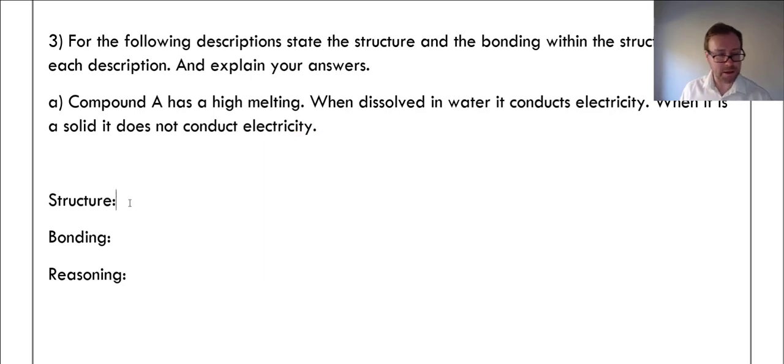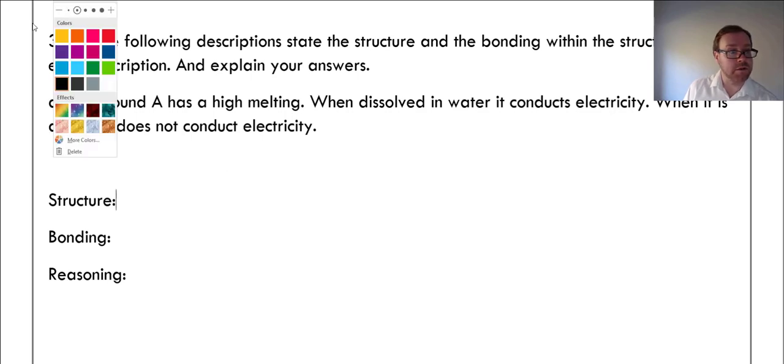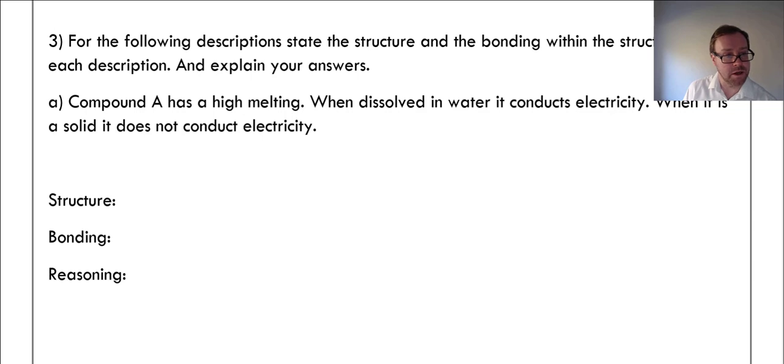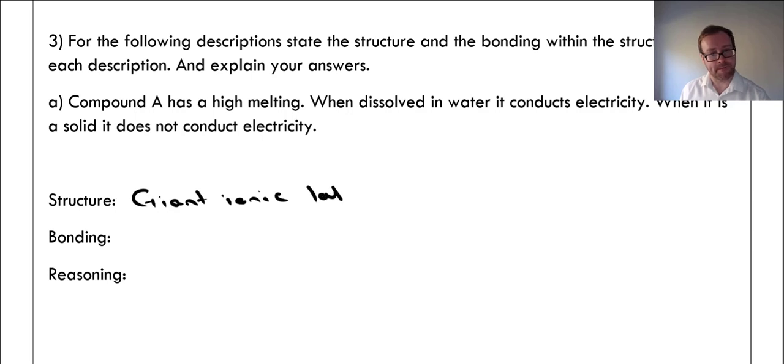So we know that it conducts electricity when it's dissolved in water, but not when a solid, and it has a high melting point. Therefore, it must be a giant ionic lattice, which means the bonding is ionic bonding.